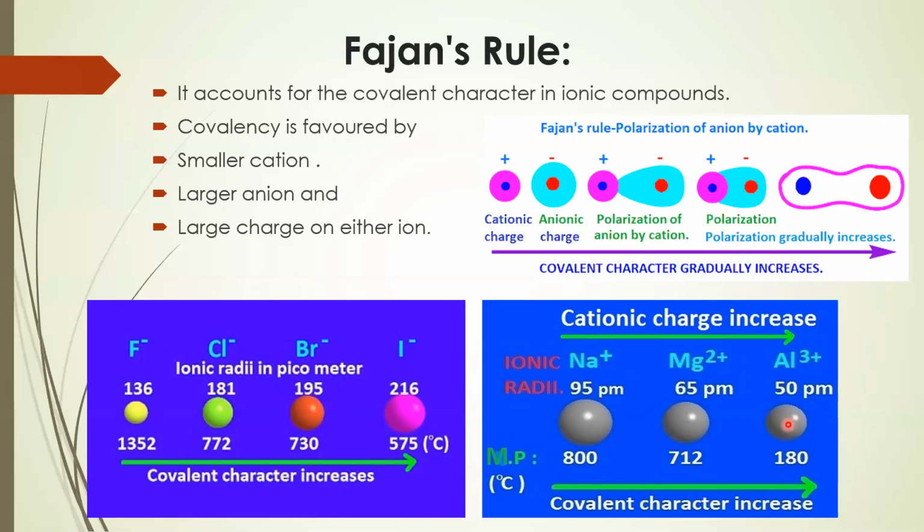So as the cation charge increases, covalent character also increases. Moving from top to bottom, the ionic size increases. These are anions, having the negative charge. So as ionic size increases, covalent character also increases.